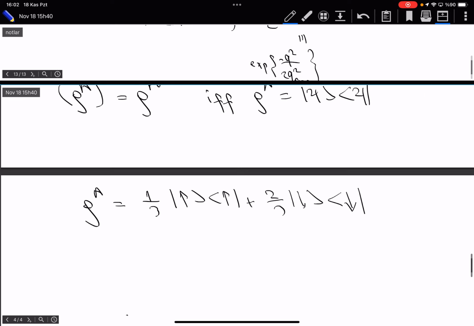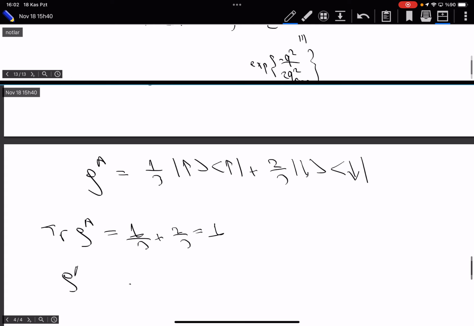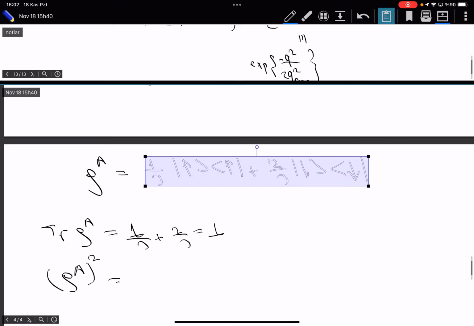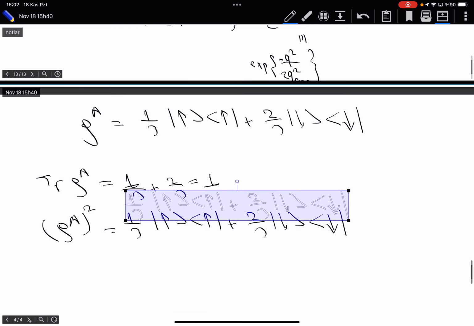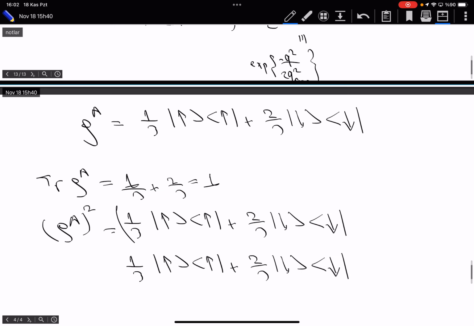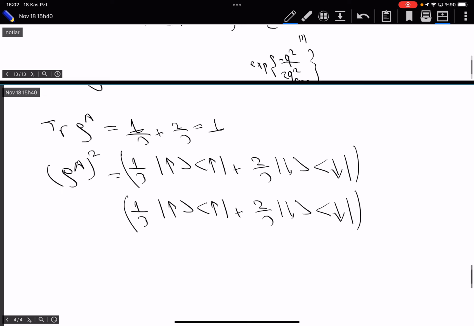Let's calculate rho_A squared. Now, the trace of rho_A is 1/3 plus 2/3. This is just 1. Now rho_A squared will be equal to, well, let me just write it out first, 1/9 spin up plus 4/9 spin down.